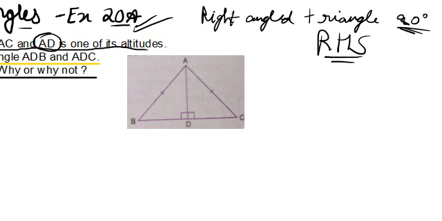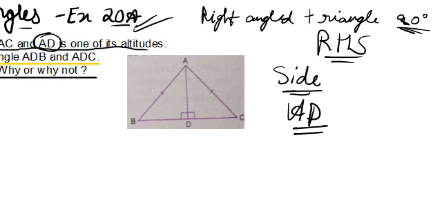So again, the side will be AD here. This side will be equal in both the triangles. Why will AD be equal? Because AD is common. This we have discussed in the previous part of this question as well. Because AD is common, so it will be equal. So the side will be AD, which will be equal in both the triangles. Then the hypotenuse. What will the hypotenuse be? So that will be AB.